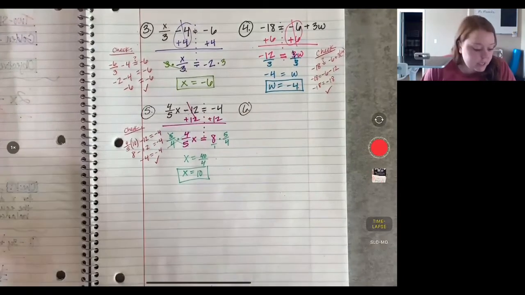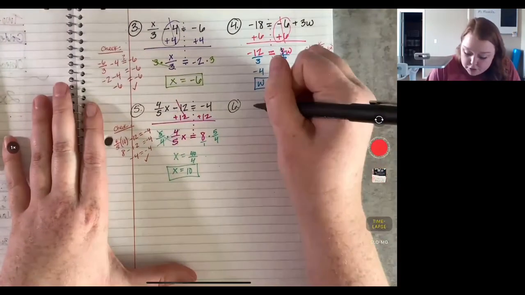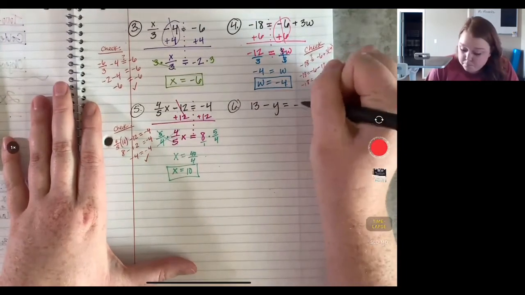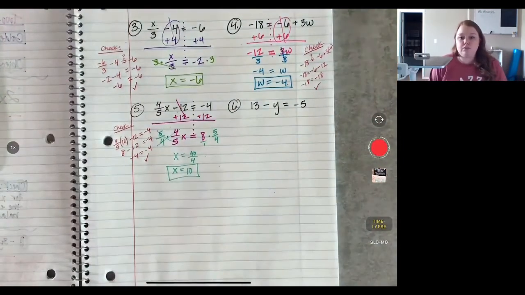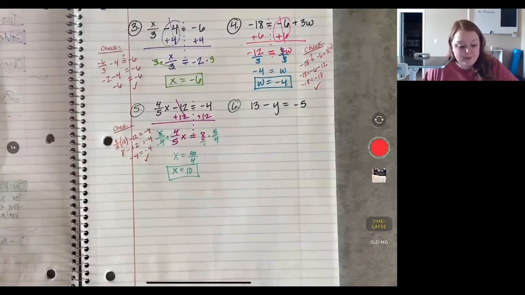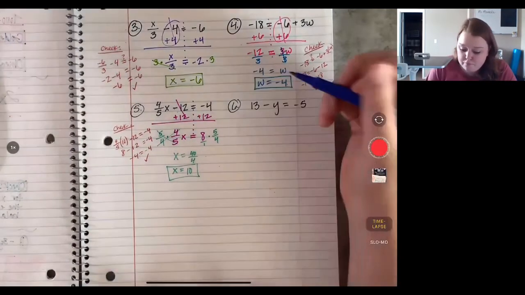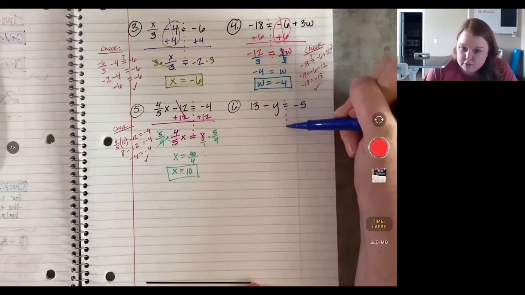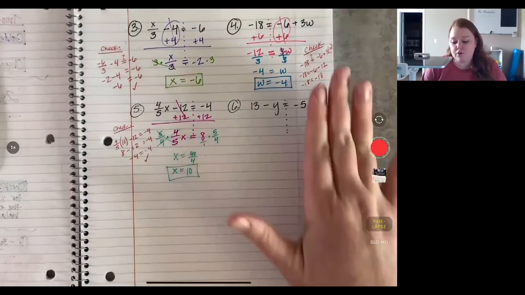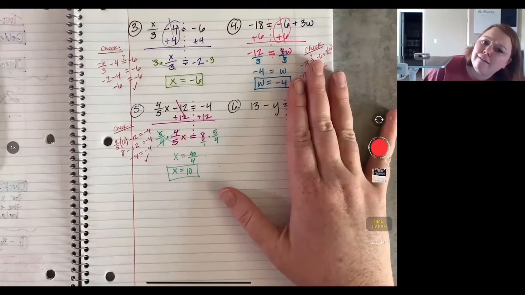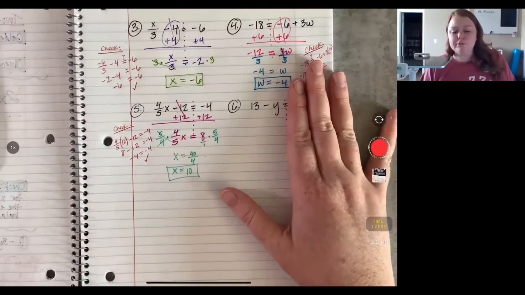Okay, last one together. I encourage you to try it out without my help. 13 minus y equals -5. Okay, separate the sides. I go to the side of the equation with my variable on it. I thought we were doing two-step equations.